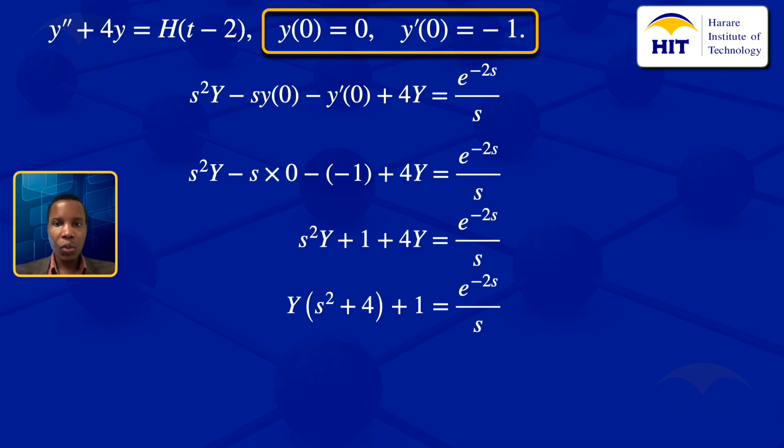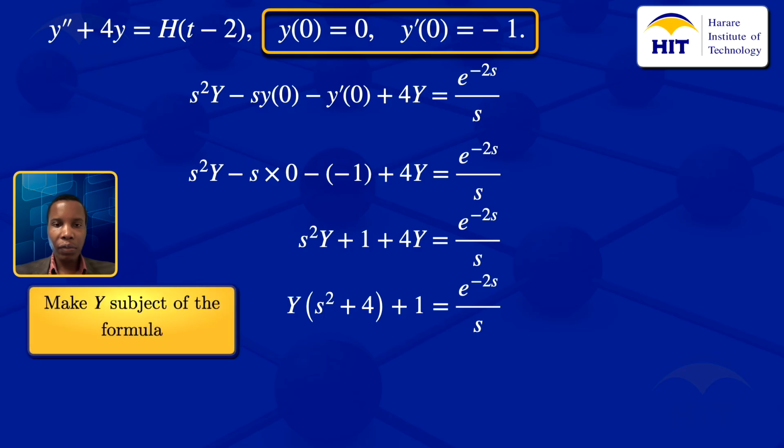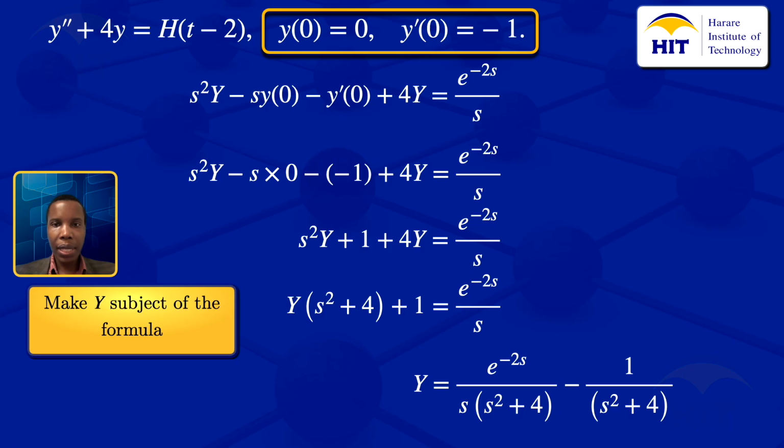The next step is to make Y the subject of the formula. We put the 1 on the right-hand side, then divide by s squared plus 4, so that our expression becomes e to the power of minus 2s divided by s times (s squared plus 4), minus 1 divided by s squared plus 4.